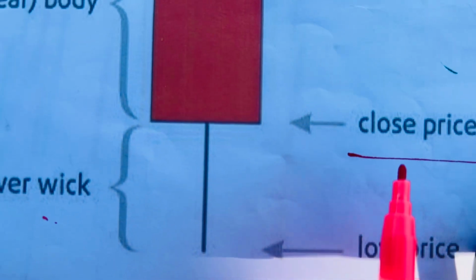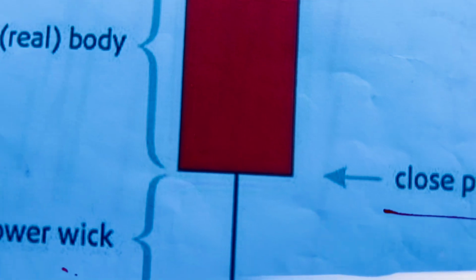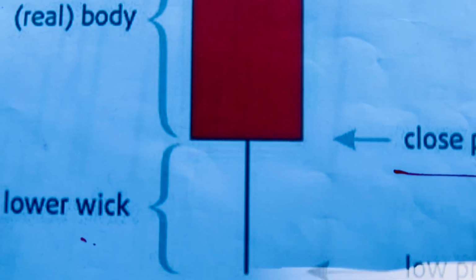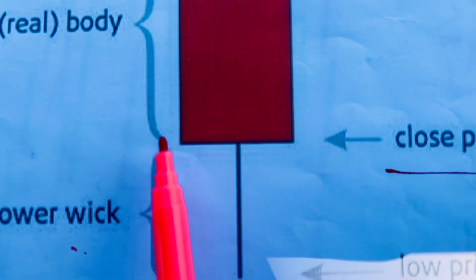We buy at the lower price, we sell at the higher price. Now, listen to me carefully. The low price and close price work together to form a structure, which means we are only interested in the price that is at the close, open and low.